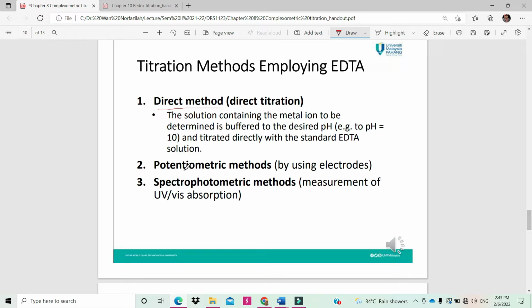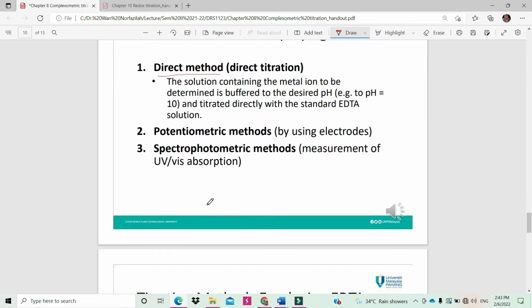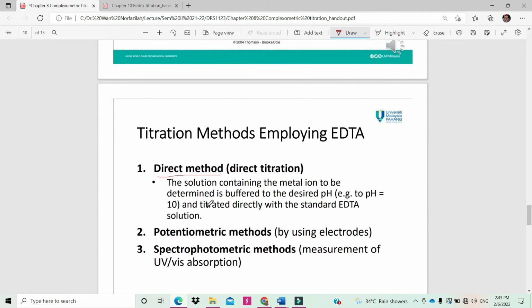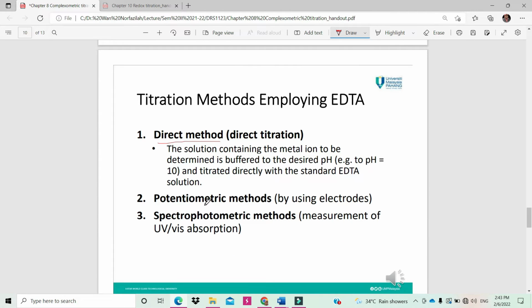There are also potentiometric methods where you use the electrode. And we also have spectrophotometric methods. Okay, it is a measurement of UV-Vis absorption. Okay, after you do the titration, you put them in the UV-Vis. Okay, for the direct method, it is the change of color of the indicator.